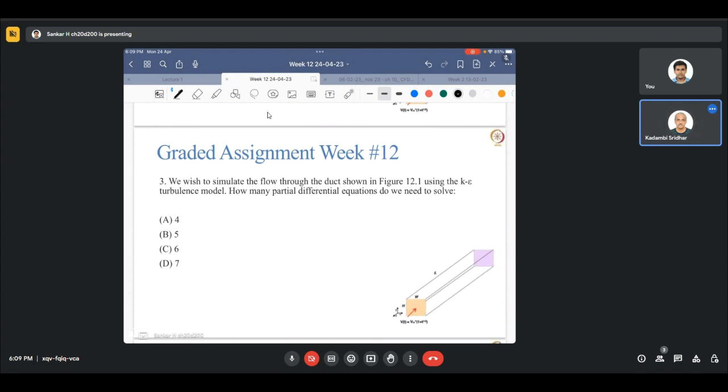Therefore, we have a total of 6 equations that need to be solved. So the K epsilon model gives a satisfactory solution to a turbulent flow problem.